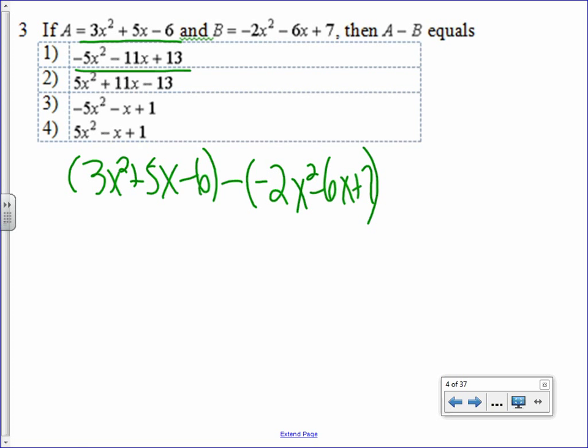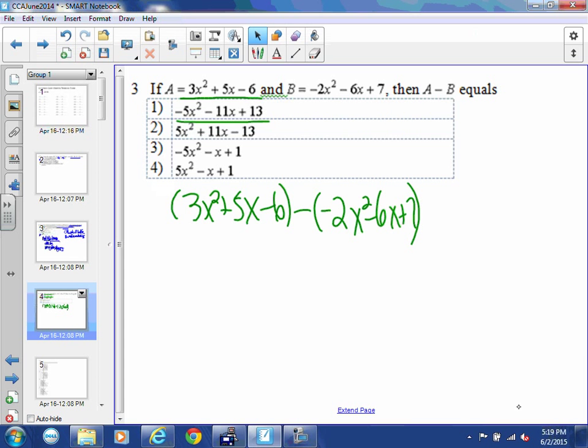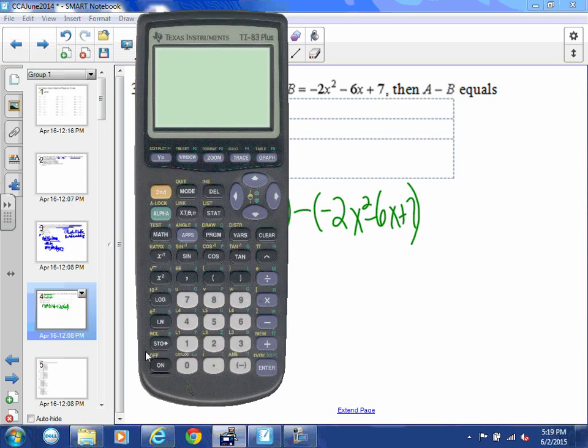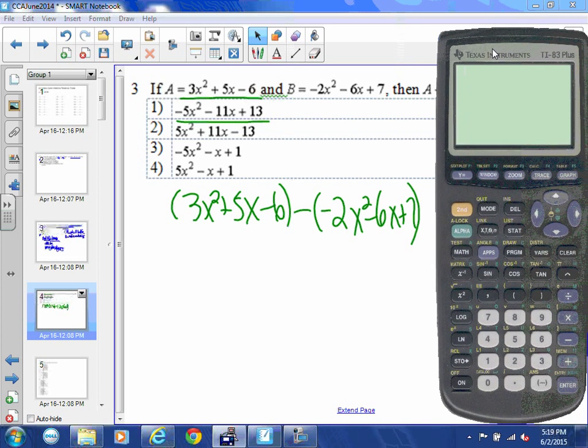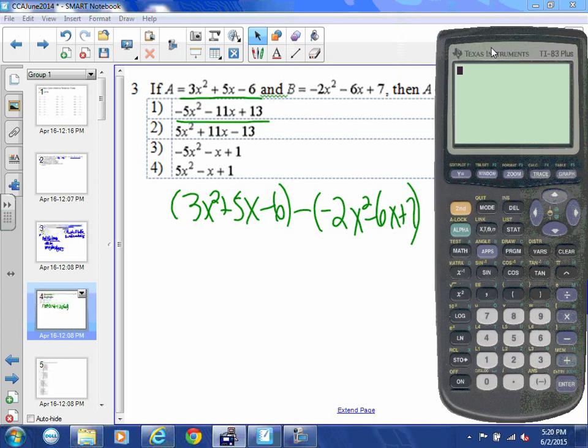If I'm doing this with my multiple choice strategy, I'm going to get my calculator going here. First off, I'm going to do 10, store as x. I'm going to do 15, store as y.